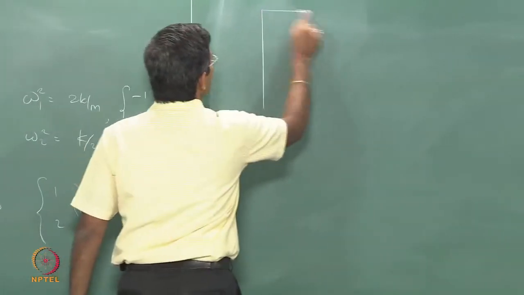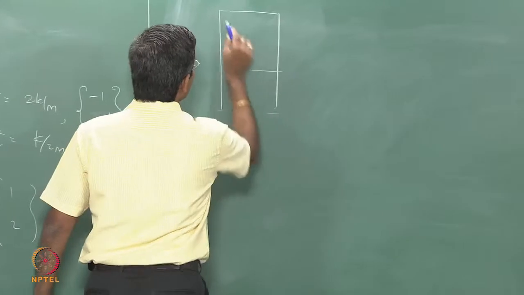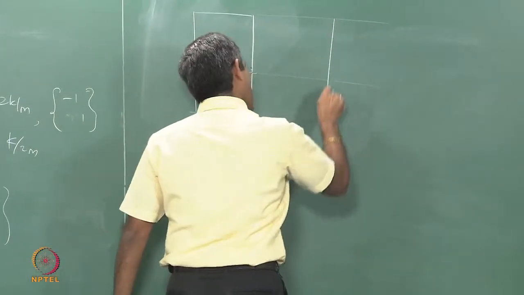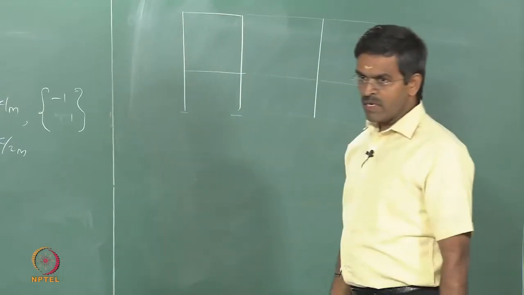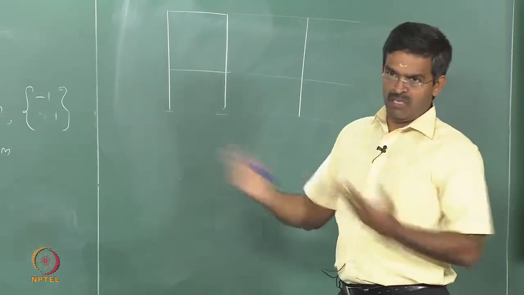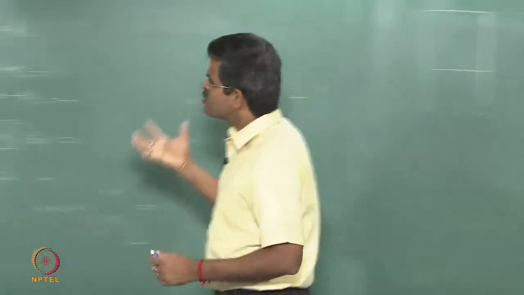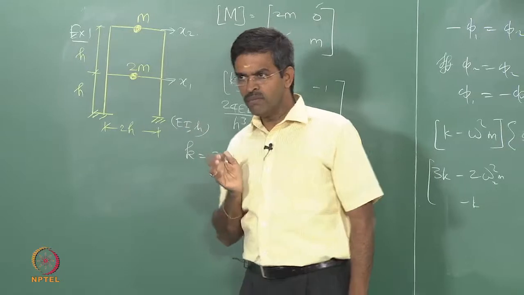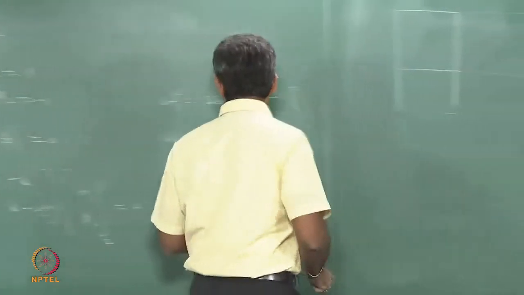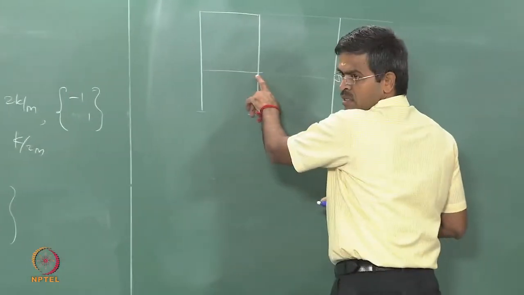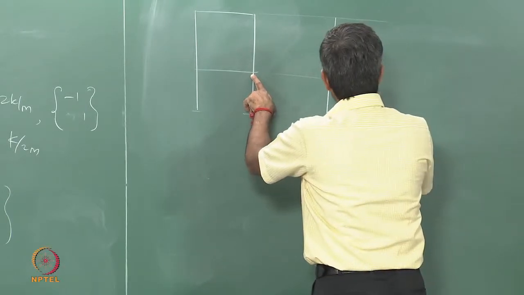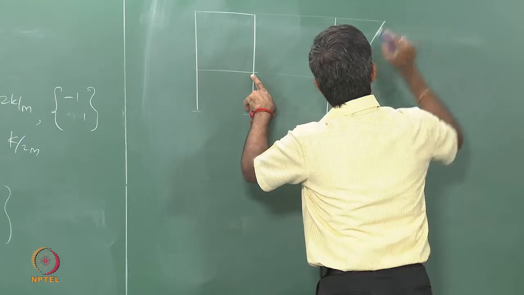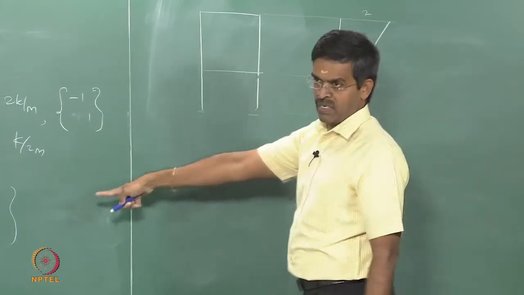But the easiest and correct way to find out is this: when the vectors have got both positive representation, there is no zero crossing. Let us plot this. This is my structural system. Eigenvectors are displacements relative to each other. Why displacements? x1, x2 are actually displacements. Okay. Now, I say here from this vector, if the first mass is displaced by 1 times, the second mass is displaced by 2 times as per this vector.